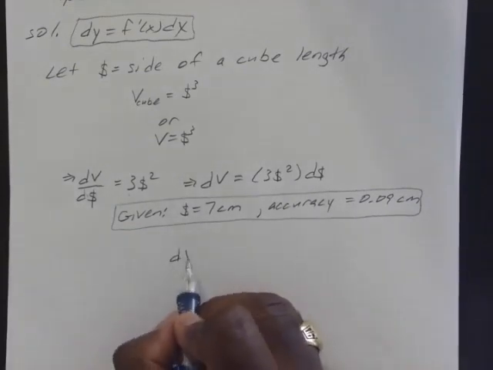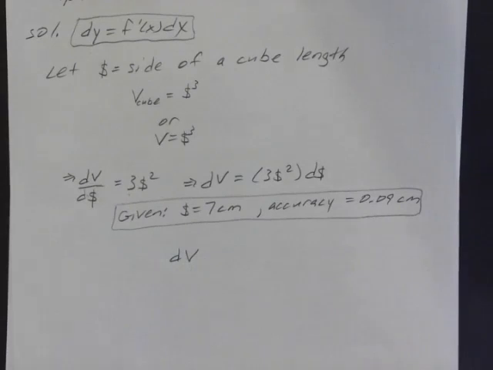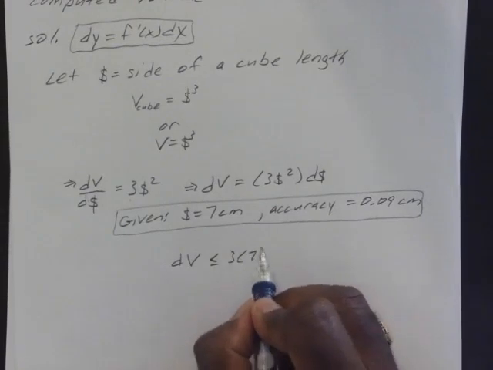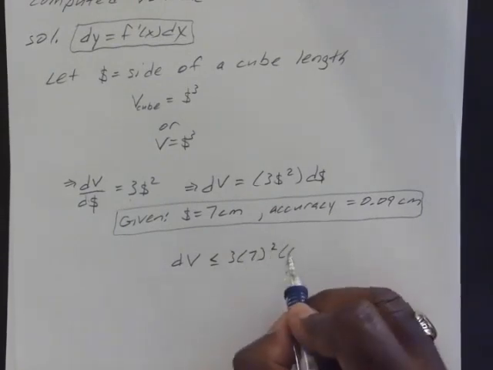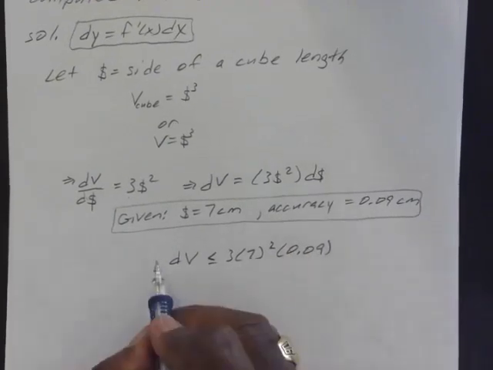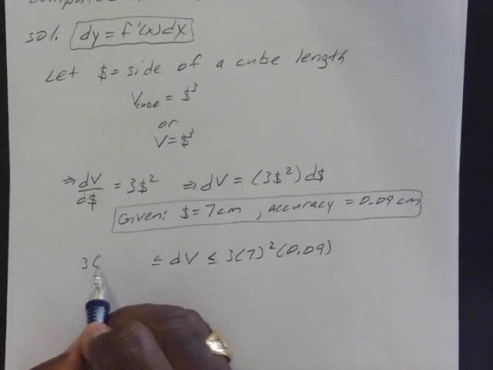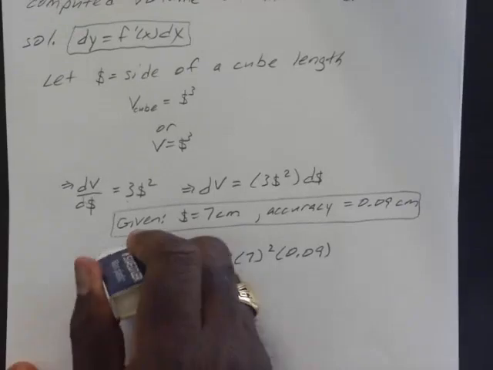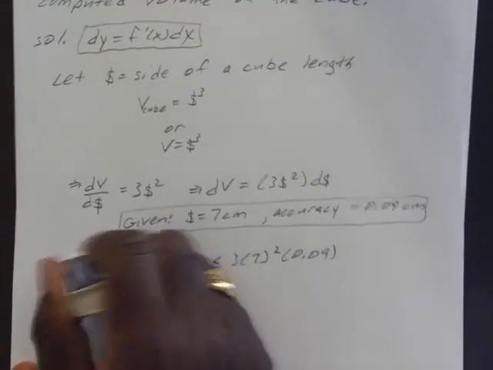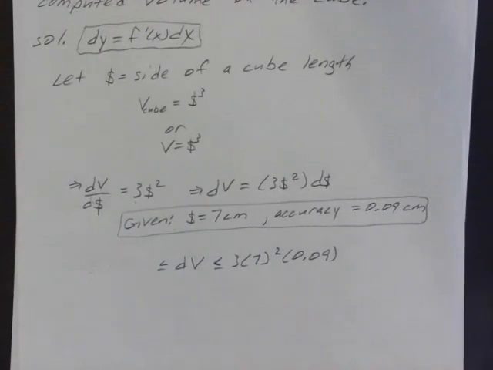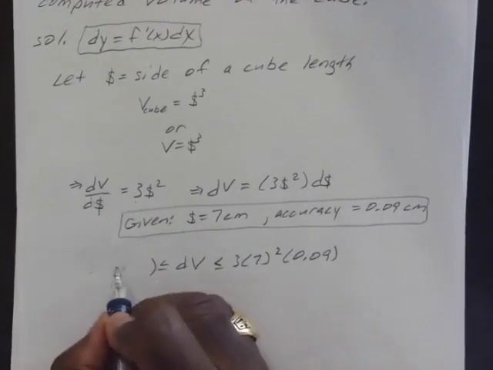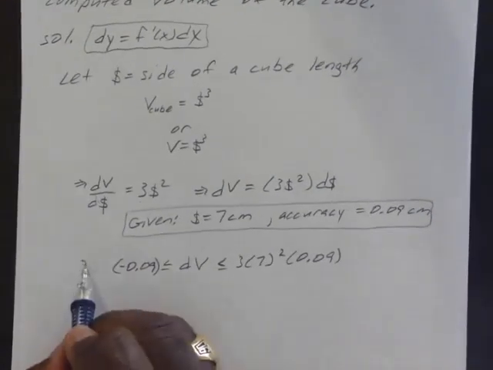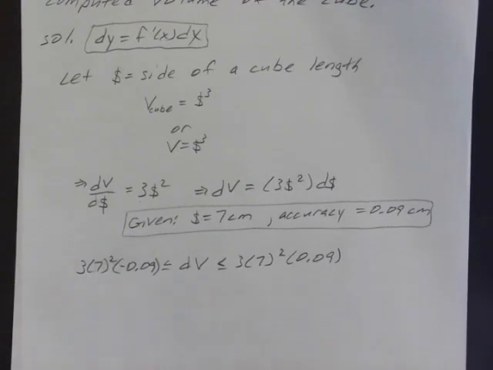So that means your dV is somewhere between 3 times 7 squared times negative 0.09 and 3 times 7 squared times 0.09.